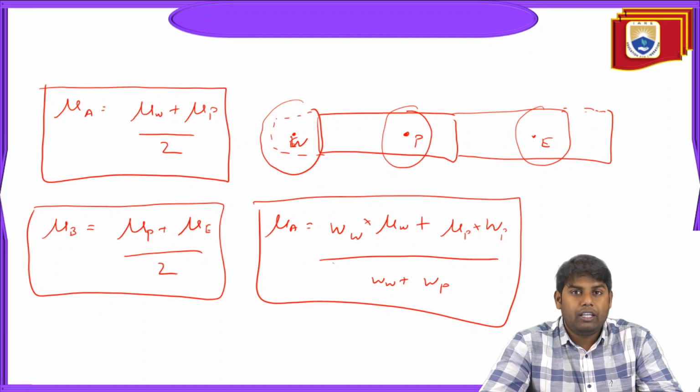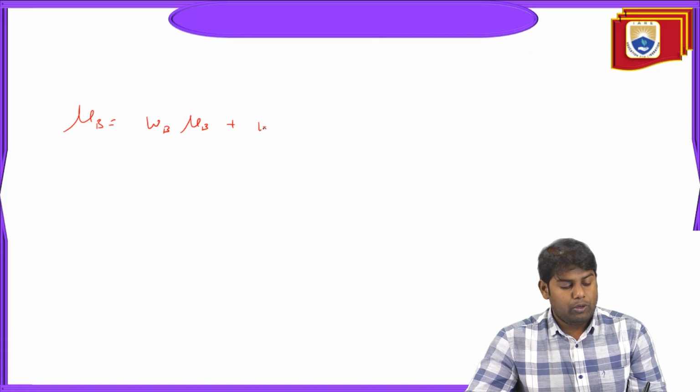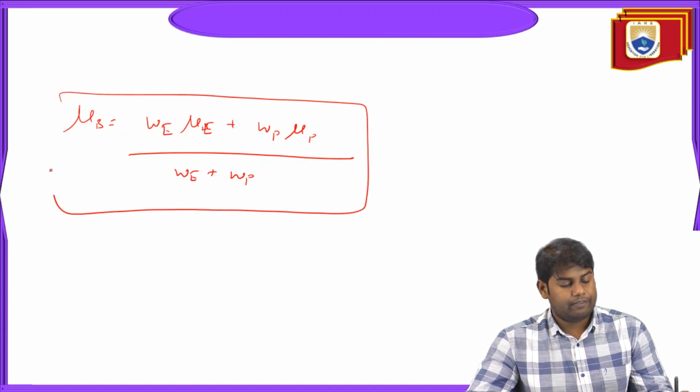That is why we have seen here the weighted functions to calculate mu of A. And similarly, the weighted function for mu of B will be WB mu of B plus WP mu of P, and for E, WE mu of E divided by W of E plus W of P. So this is what we have.